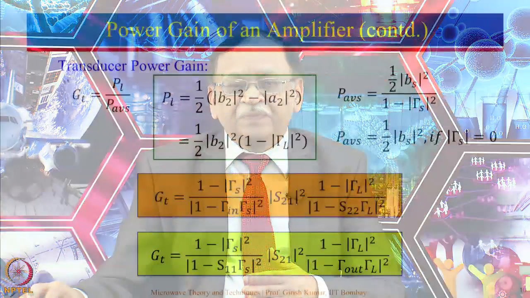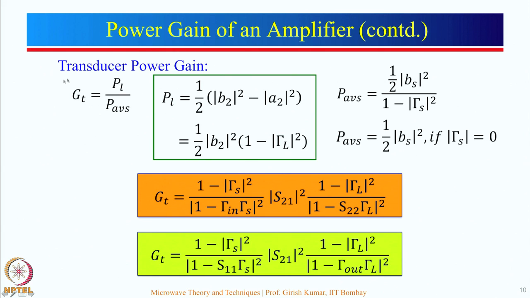So, now let us just quickly look at the expressions. Okay, we will start with the transducer power gain, and the transducer power gain expression is given by this term over here. So, why are we starting with this particular expression? The reason for that is the load may not be in our hand, the load may change depending upon the requirement, but power available from the source can be optimized.